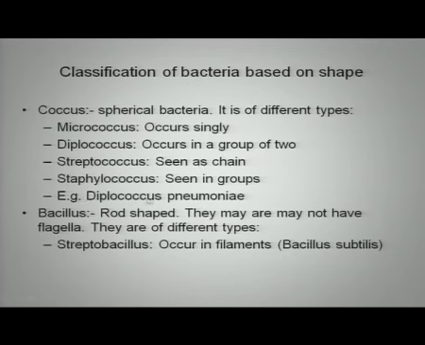An example of a diplococcus bacterium is Diplococcus pneumoniae. Now if it is rod shaped, we call it bacillus. They may not have any flagella. They are again of different types.